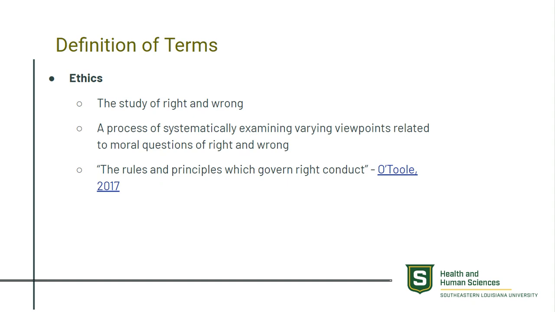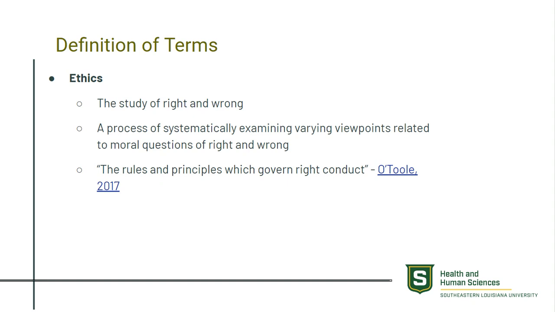The rules and principles we're going to discuss in the second learning objective, but it's basically all the things that get considered when we go into making what is considered to be a right decision based on the principles of ethics. We're going to talk about that a bit in the second learning objective.